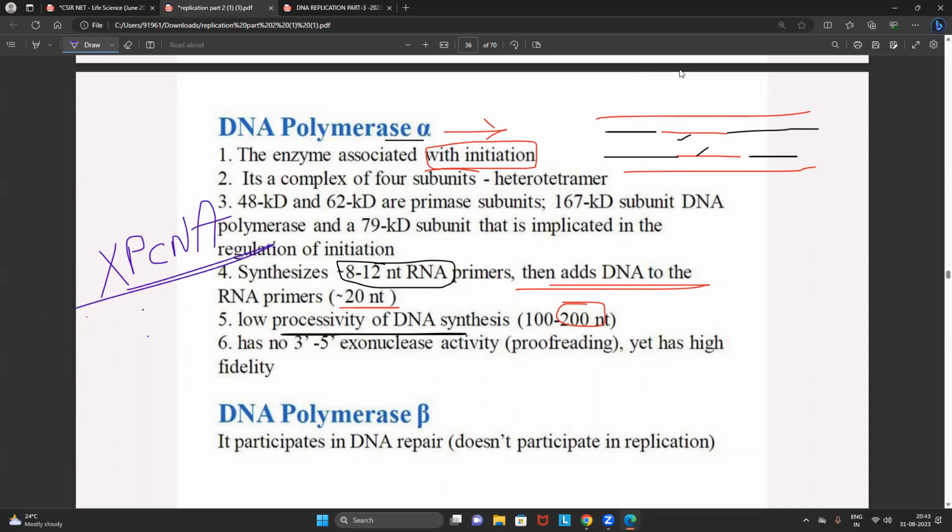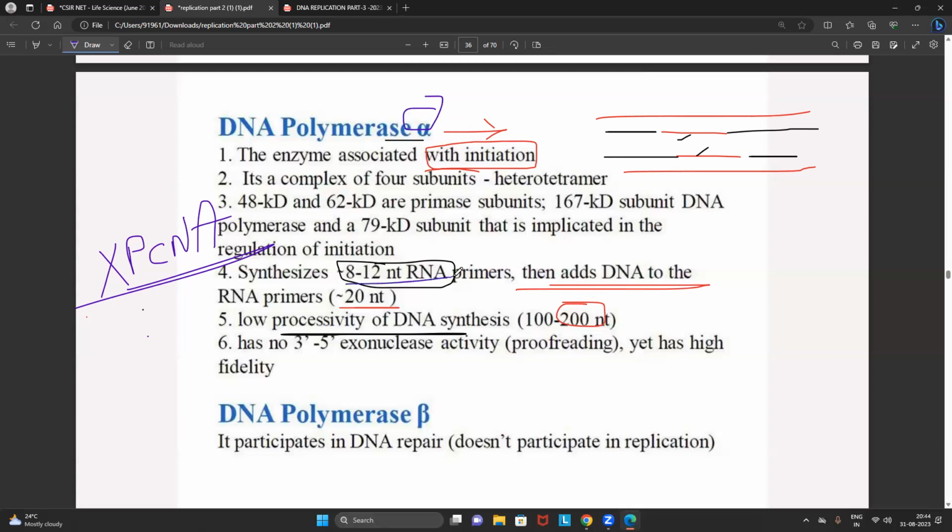That's an important question that you will expect here. And they will also ask in the exam: which of the following eukaryotic DNA polymerase enzymes do not have proofreading activity, the exonuclease activity? That is also alpha. That's why, friends, we can't call alpha the most important enzyme. We never call it that.